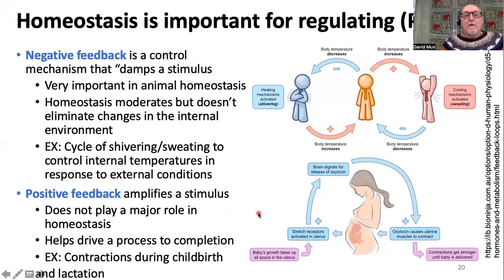There are two which are really classic examples. The first is that the process of labor to give birth to an infant operates under a system of positive feedback.